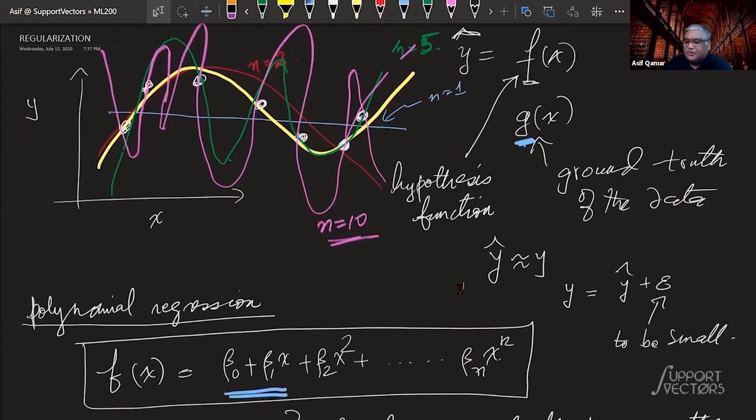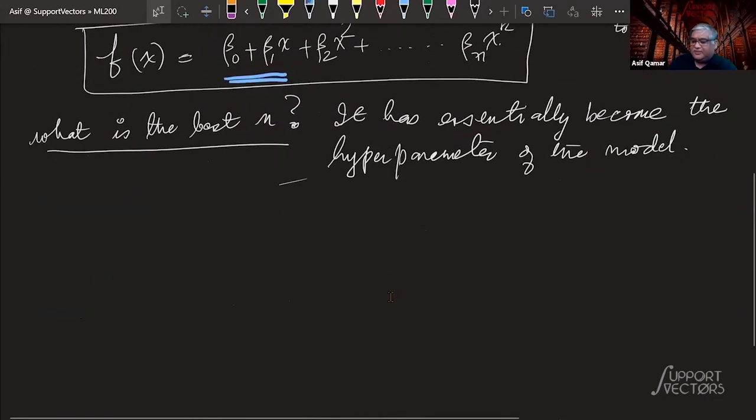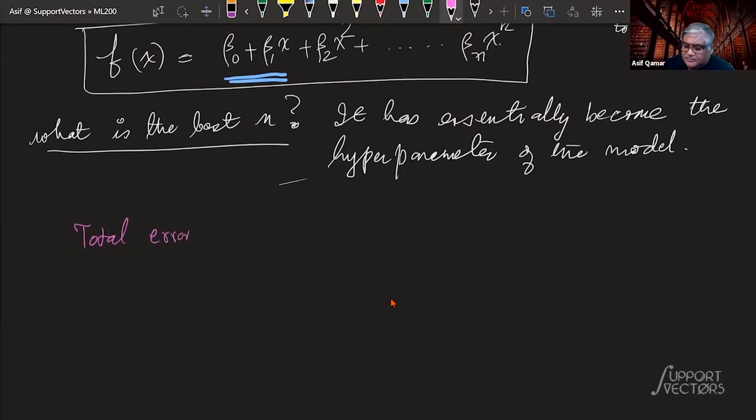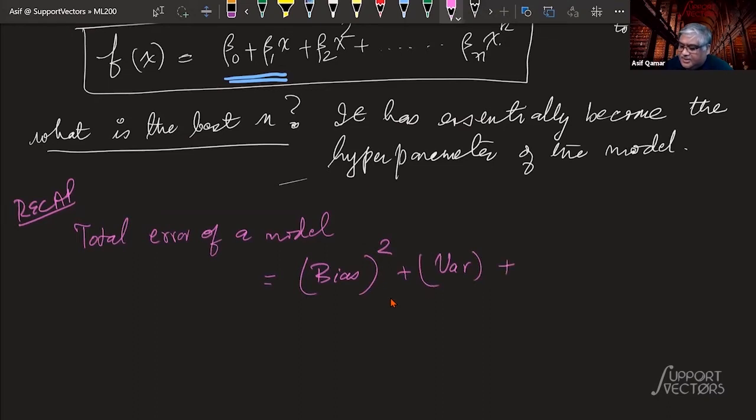So you do know that flexible models do tend to fit the data, but you don't want it to overfit. So just as a reminder, the total error of a model is equal to the bias error plus the variance error plus what else?